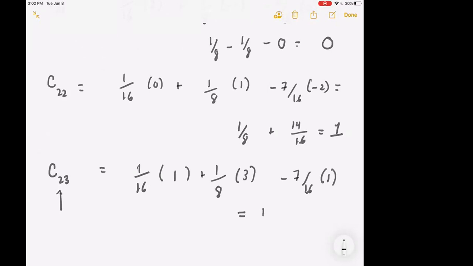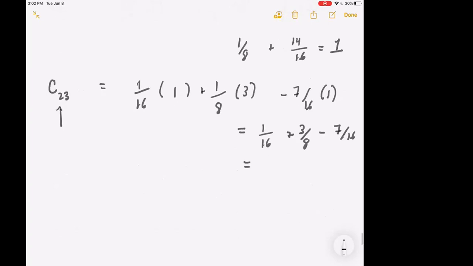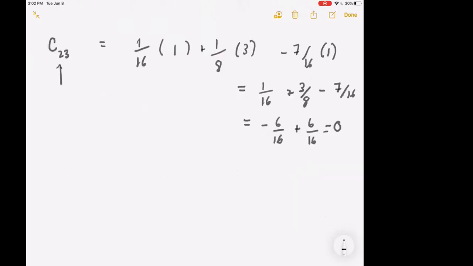This comes out to be 1 over 16, 3/8, minus 7 over 16. That's going to give me minus 6 over 16 plus 6 over 16, and that vanishes. 6 down, 3 to go.